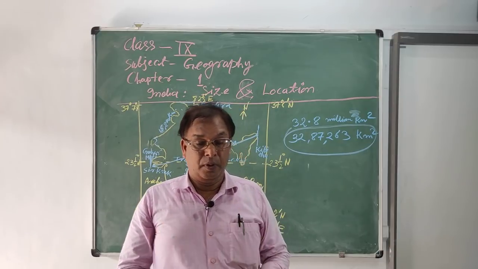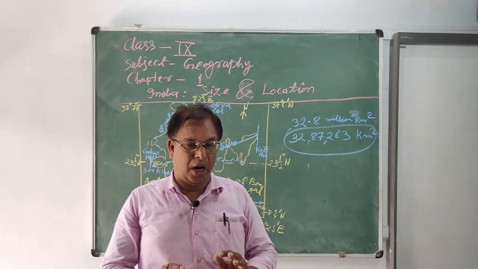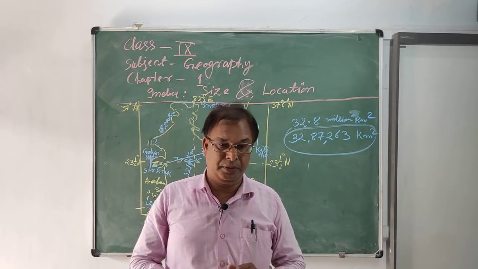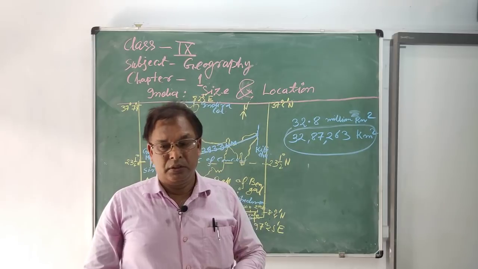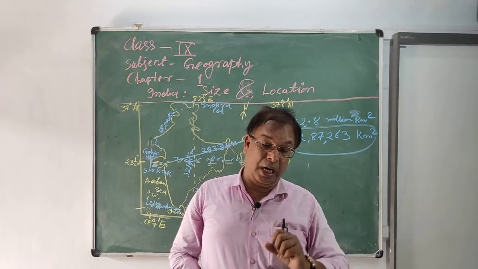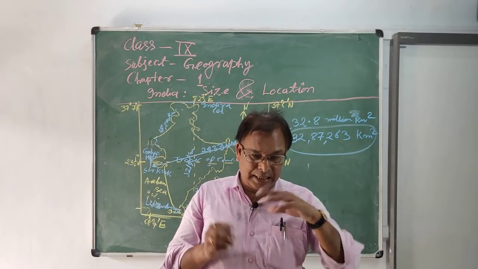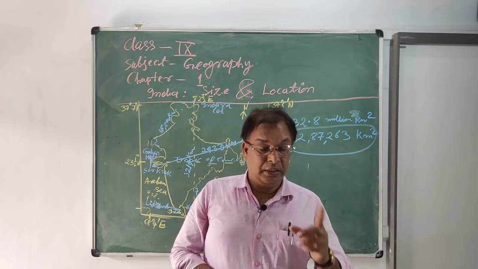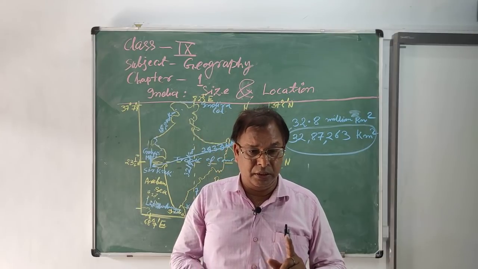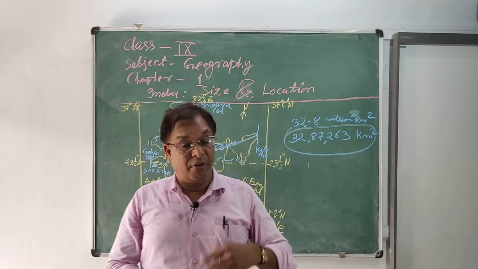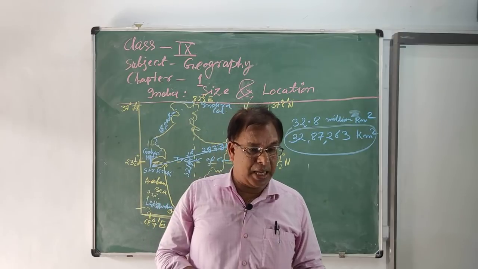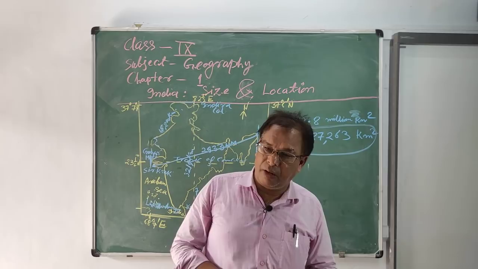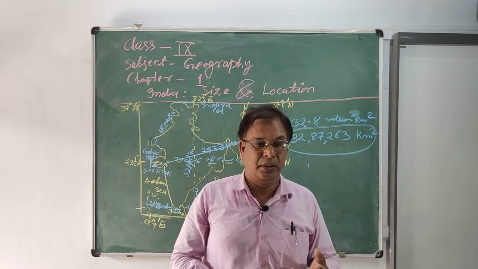So you can say India's position in the world is 7th, but in population 2nd. First position among the largest countries is Russia, then Canada 2nd, 3rd USA, 4th China, 5th Brazil, 6th Australia, and the position of India is 7th.